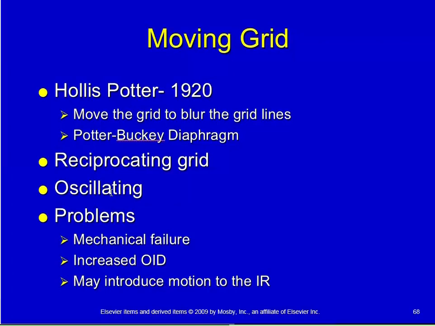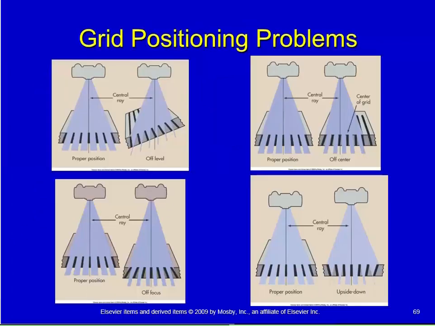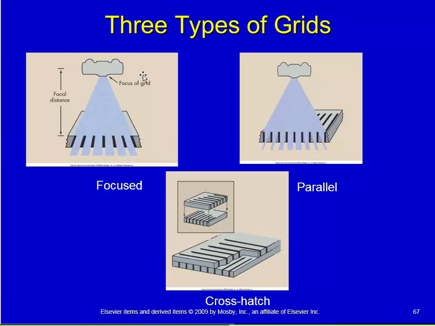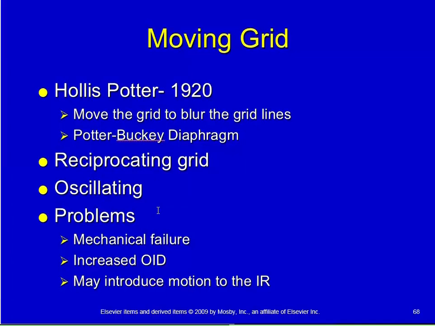The only time it might be a problem is if you're utilizing a focus grid, and most of the time you're going to have a focus grid inside of your table. But if the grid comes to rest off of the midline of the table, then you're going to have grid cutoff issues. So mechanical failure is one.